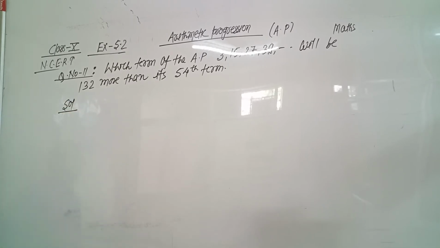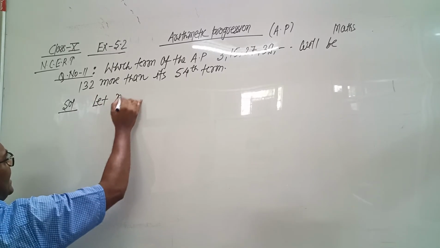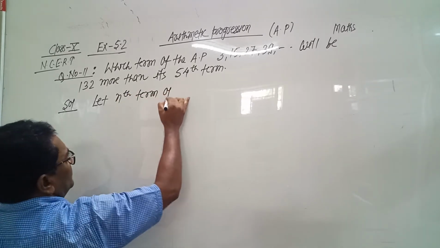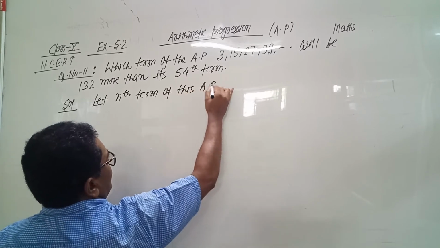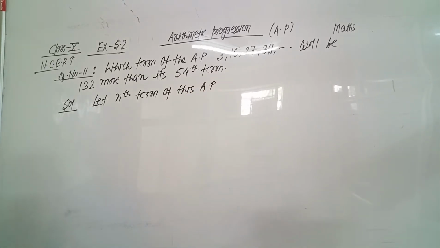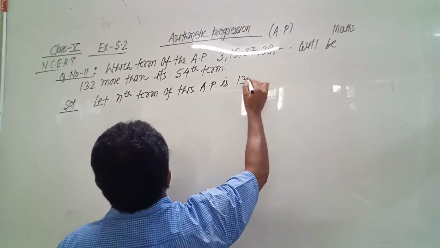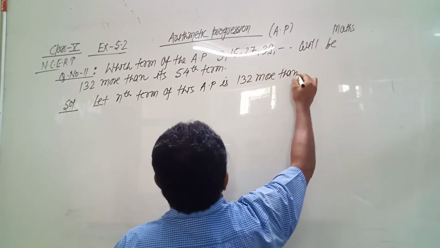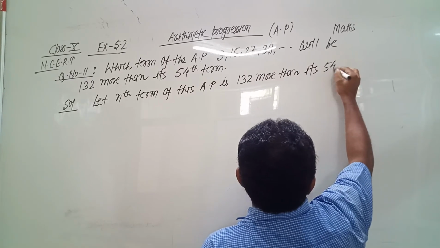Which term of the AP? So let the nth term of this AP be 132 more than its 54th term.